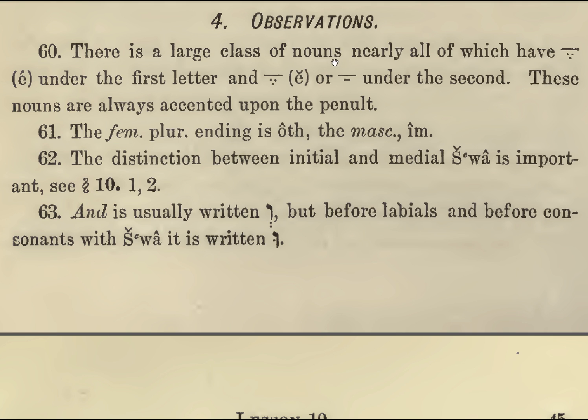Observations. There's a large class of nouns, nearly all of which have this letter here under the first letter, and this one or this one under the second. And these nouns are always accented on the penult. The feminine plural ending is ot, the masculine plural im.